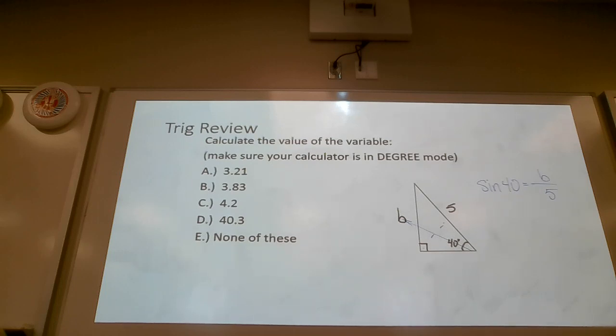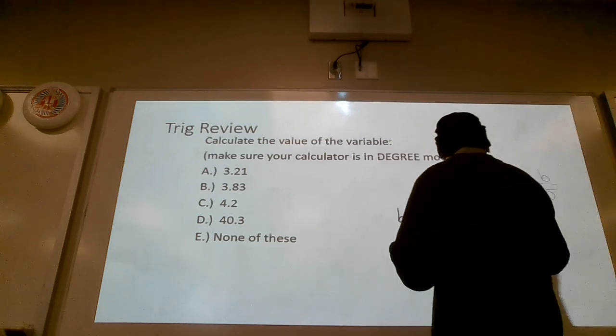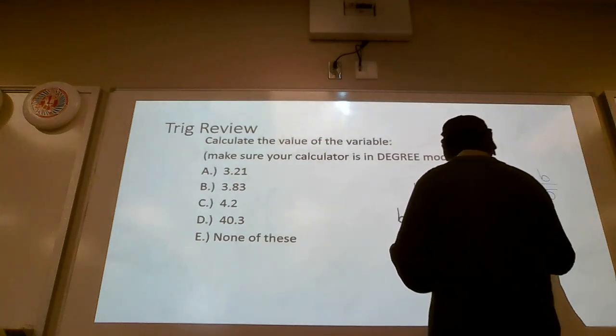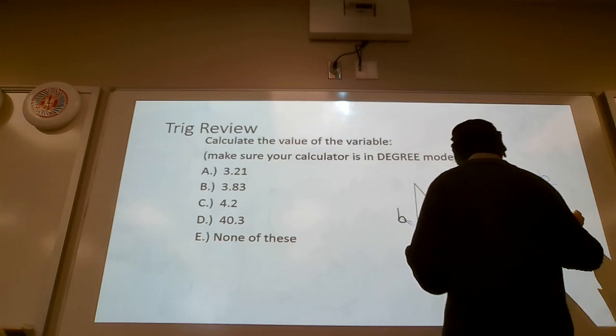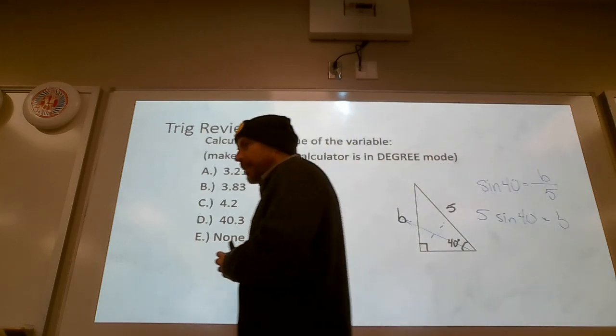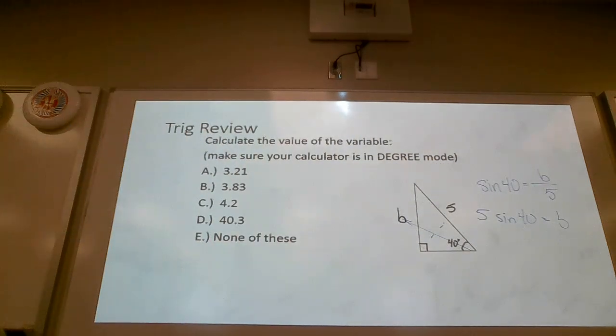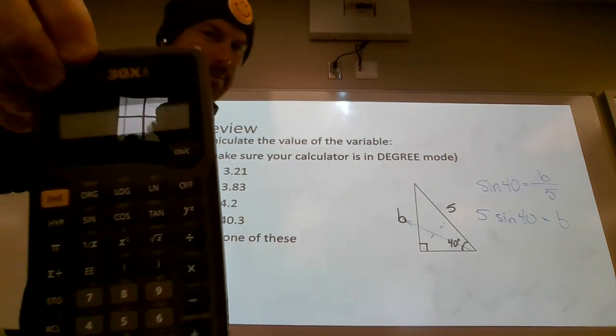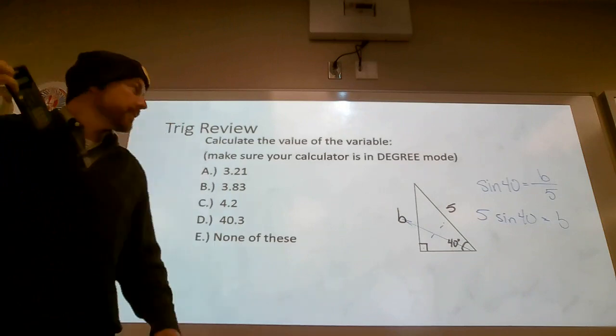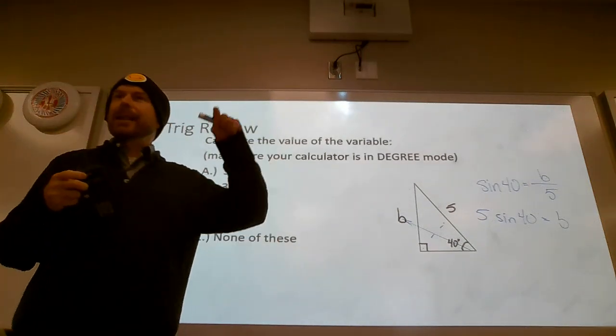So when you do this, you're going to bring 5 over. So 5 times sine of 40 is equal to B. If you have this kind of calculator, you're going to have to stick in 40 first and then hit sine.